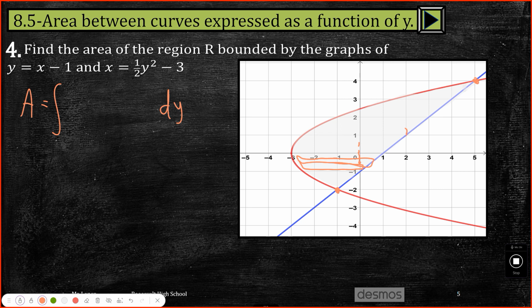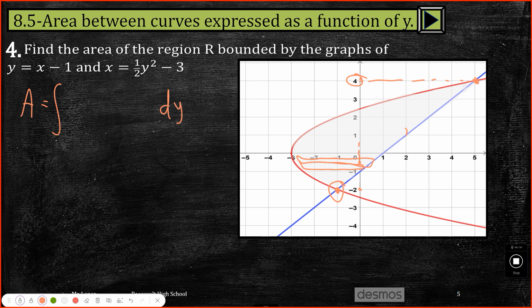What are we going to do? We need to find the x, or the y. Are we going to find the y? Yes, we need the y value, because we're moving along y. In the graph it's giving us 4, and here -2. So by looking at the graph, we're going from -2 to 4, that's easy.